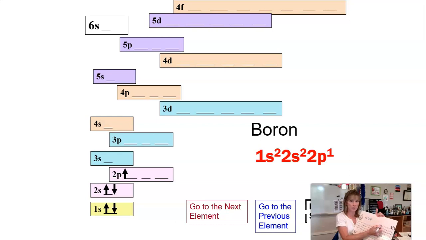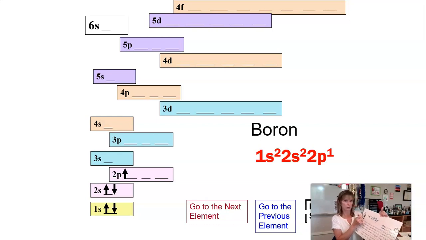That's the last electron configuration we'll draw. Boron is still second energy level, but it's in the P block. Is it the first electron? Yes, it is.